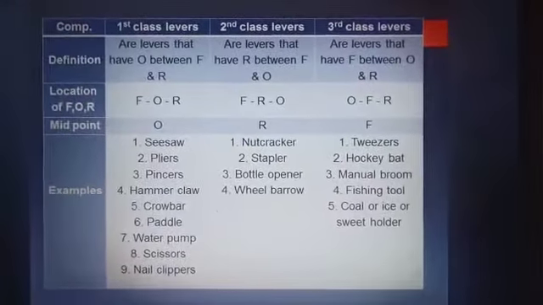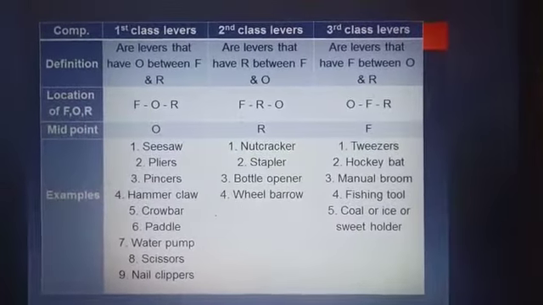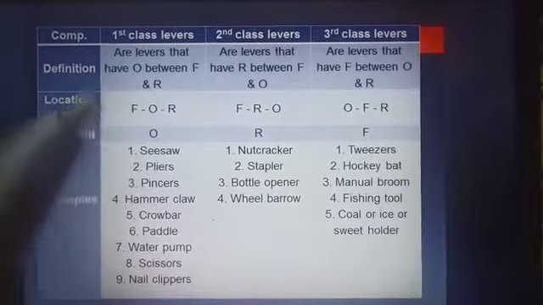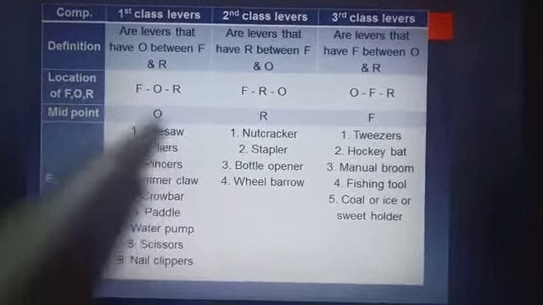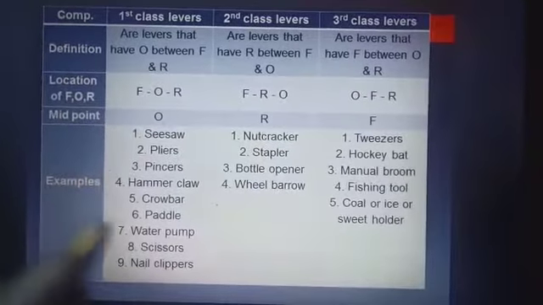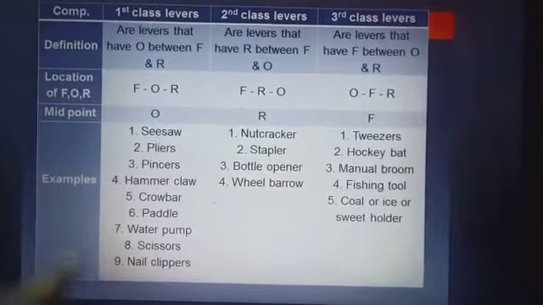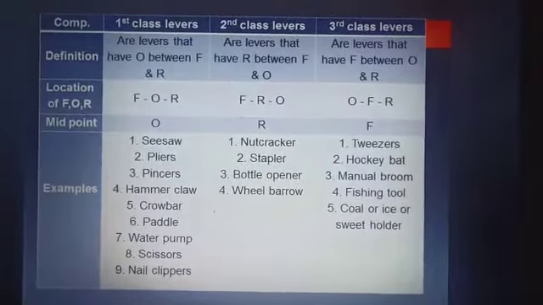First class levers have O between F and R. Examples: seesaw, pliers, pincers, hammer claw, crowbar, paddle, water pump, scissors, nail clippers.